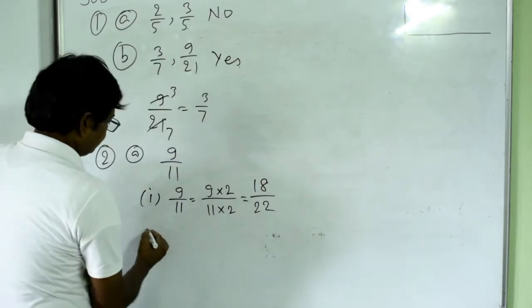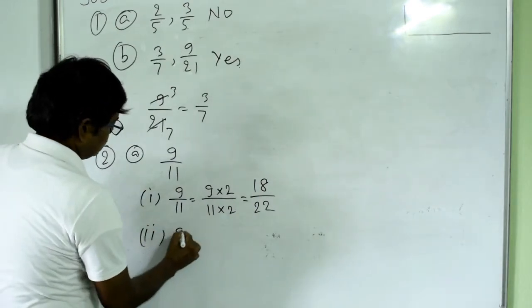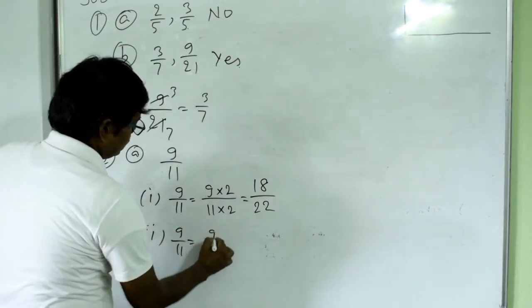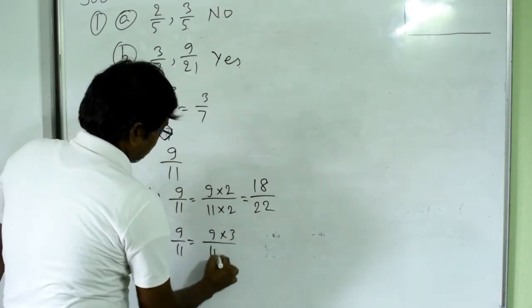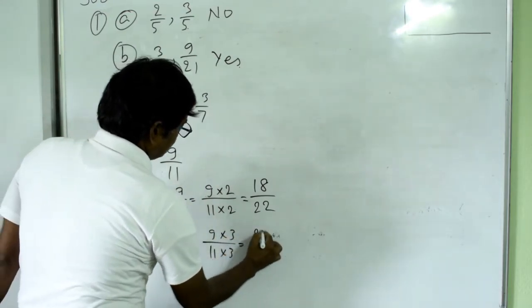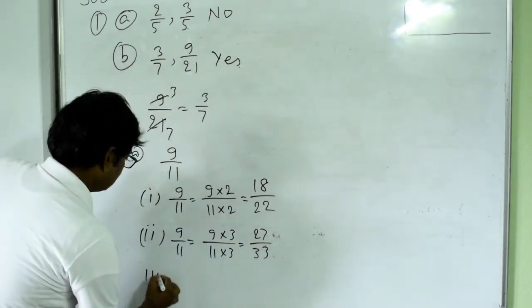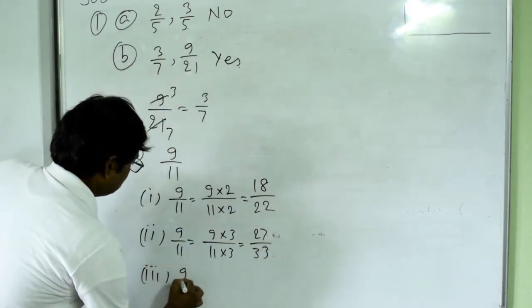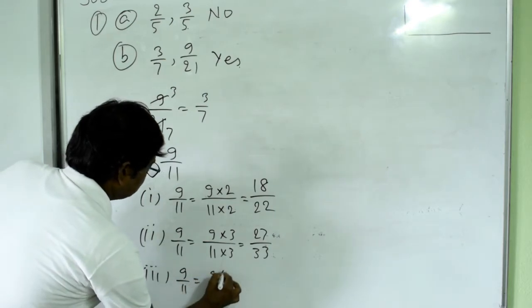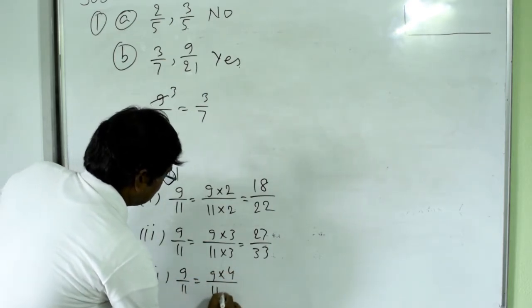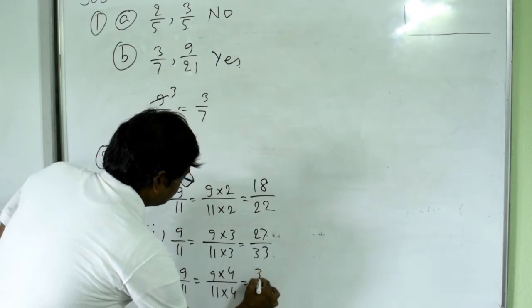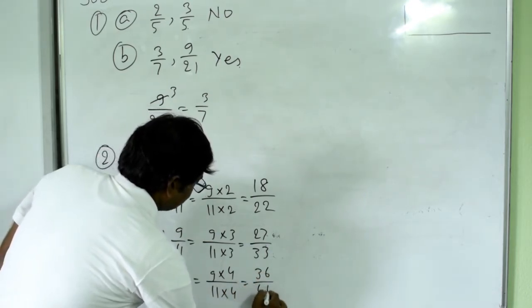So we have to write 5 fractions here. 9 by 11 equals 9 into 3 by 11 into 3, it will be 27 by 33. Then next, 9 by 11 equals 9 into 4 by 11 into 4 equals 36 by 44.